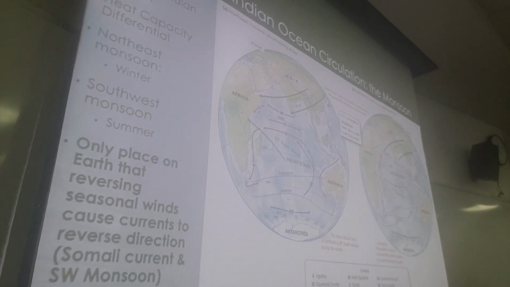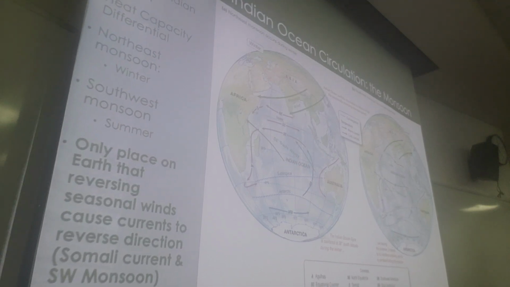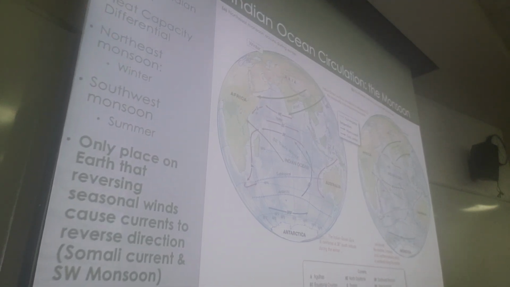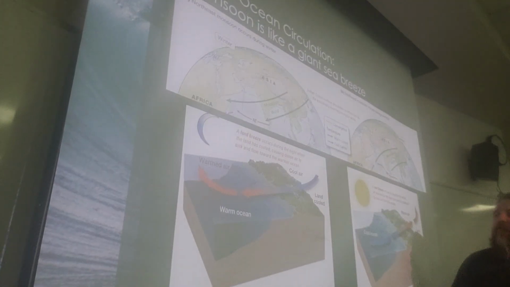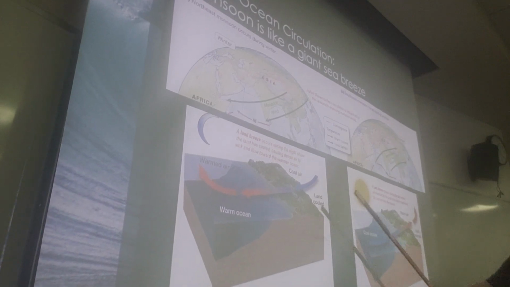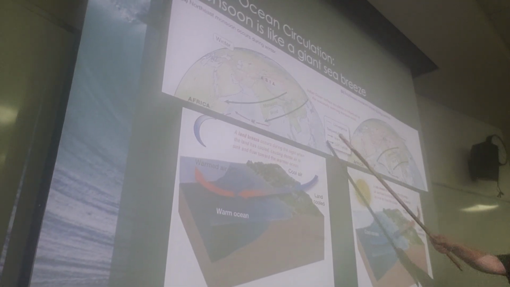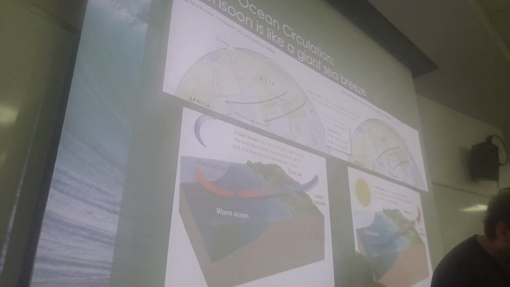And so the Somali current runs north up the coast. This is the only place on Earth where seasonally reversing winds actually reverse the surface current, which takes an incredible amount of energy and force. And here's a diagram comparing the sea breeze and the land breeze to the situation in the monsoon. So it's just a larger scale version of the same phenomenon.